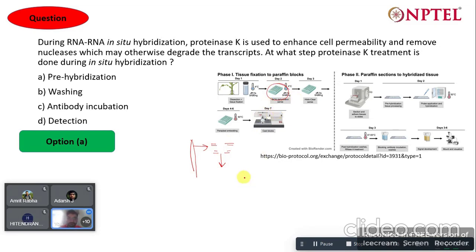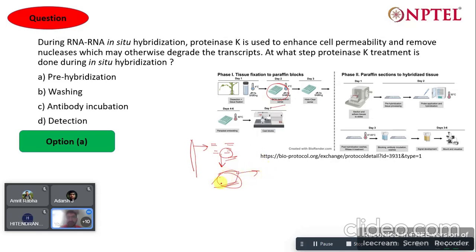After that we generally have to fix the tissue. That is done with the help of ethanol and various other steps. Then they are embedded in the paraffin, which gives adherence to the tissue so that we can get good sections out of it.